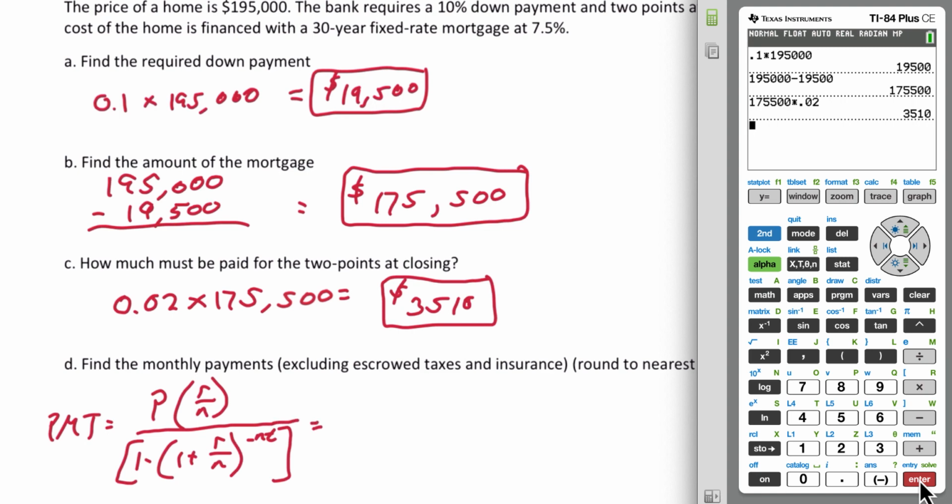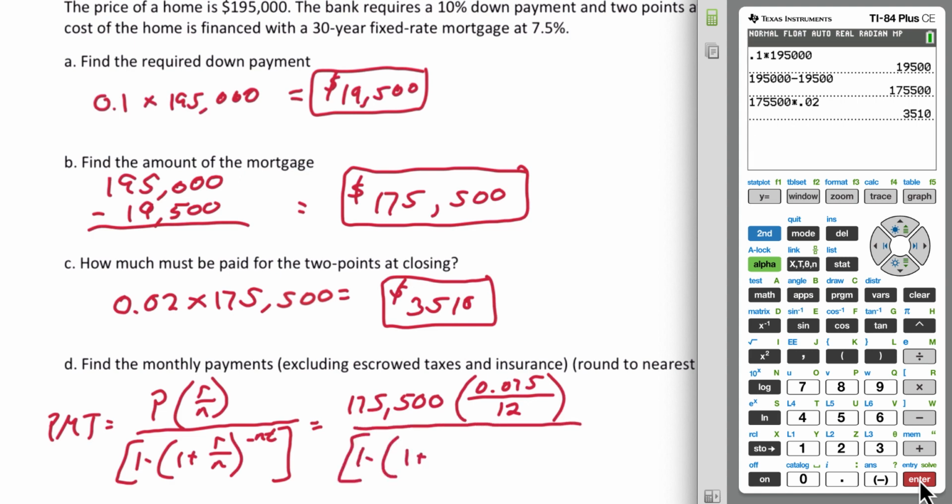So the principal here is the mortgaged amount, 175,500. The rate we are told is 7.5%, so 0.075. Divide that by N, which is 12, since we're making monthly payments. And we have 1 minus 1 plus 0.075 divided by 12 raised to the negative 12 times 30.